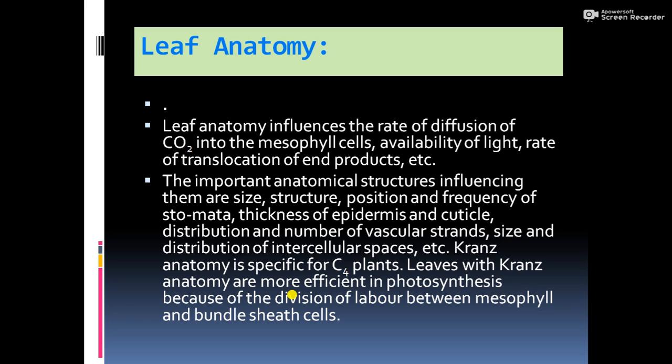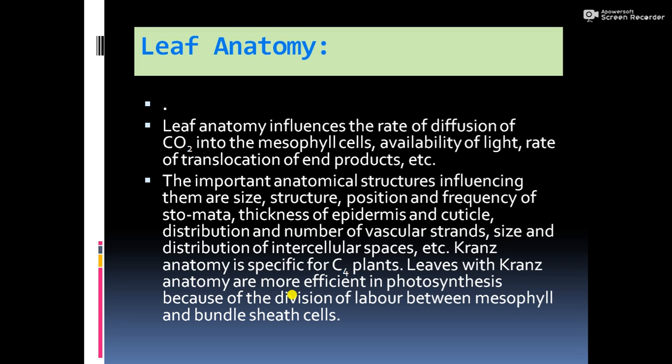First, the leaf anatomy. Leaf anatomy influences the rate of diffusion of carbon dioxide into the mesophyll cells, availability of light, rate of translocation of end product, etc. The important anatomical structures influencing them are the size, structure, position, and frequency of stomata, thickness of epidermis and cuticle, distribution and number of vascular strands, size and distribution of intercellular spaces, etc. Kranz anatomy is specific for C4 plants.